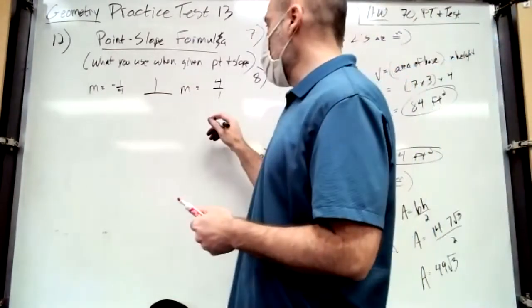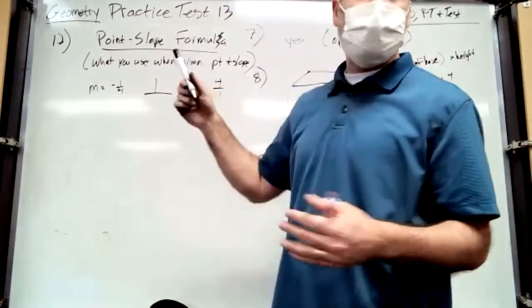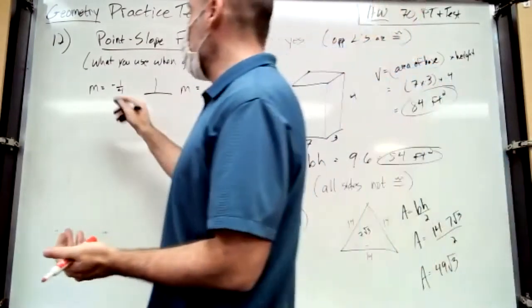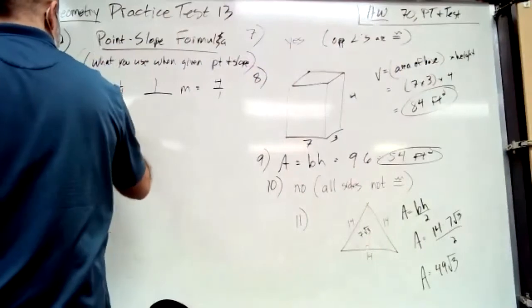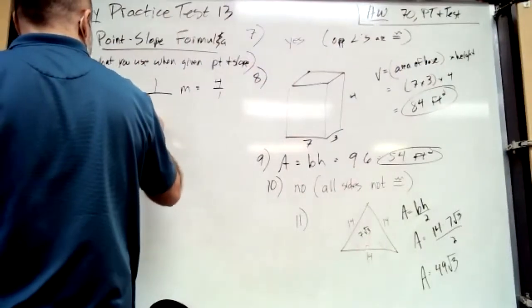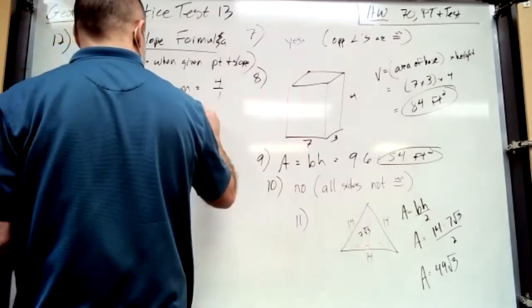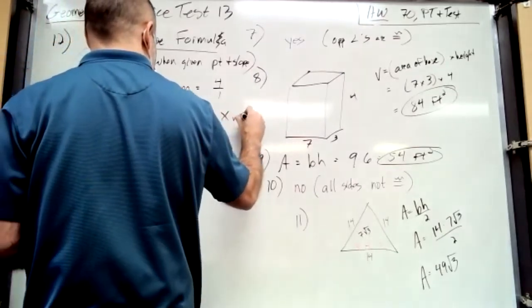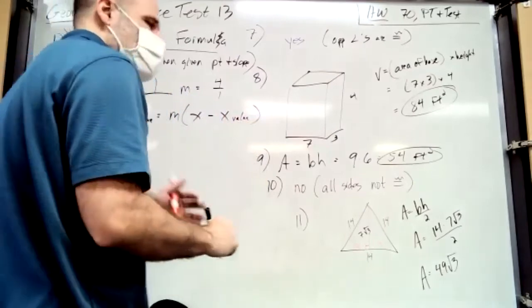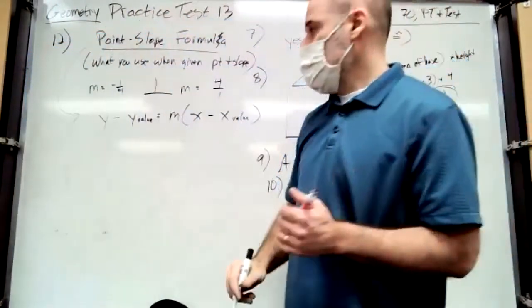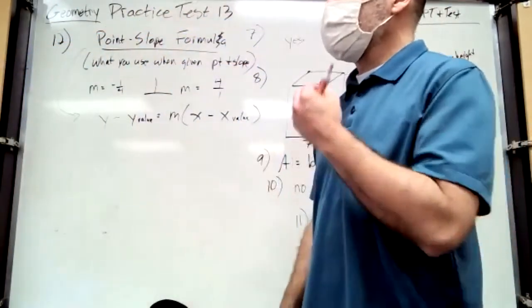Okay, so now you know the slope, and you're given a point. So here's the point slope formula. y minus y value equals m, which is the slope, times x minus x value. So you can use this formula when you take your test. So what's our y value?